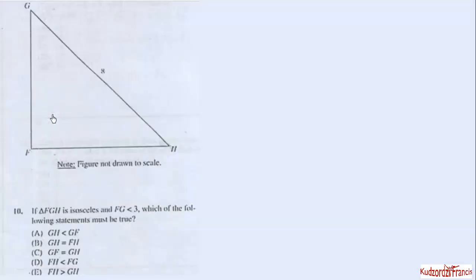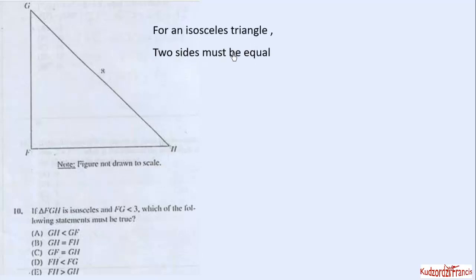Now let's look at this. If triangle FGH is isosceles and FG is less than 3, which of the following statements must be true? So we know that the triangle is an isosceles triangle, so two of the sides must be equal.